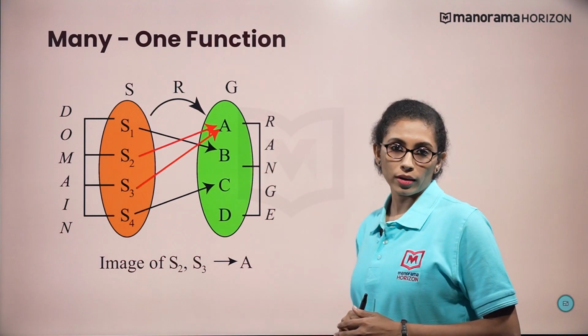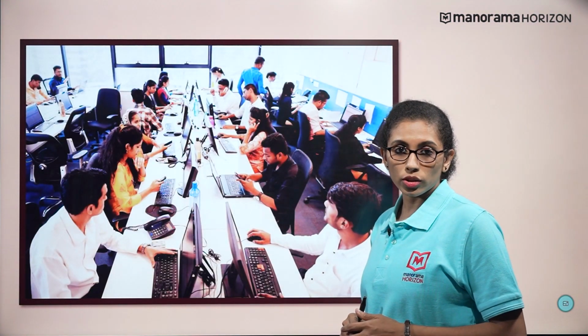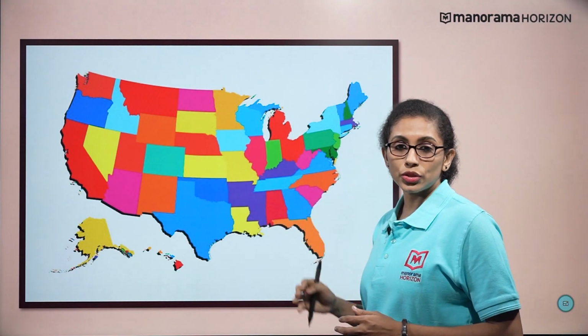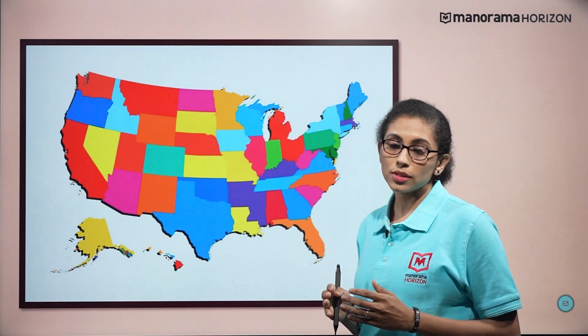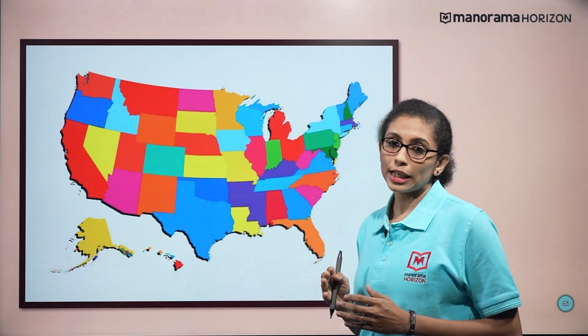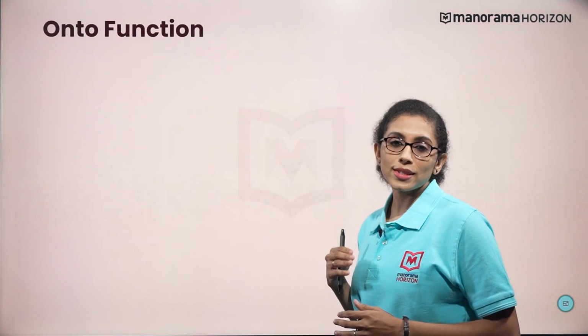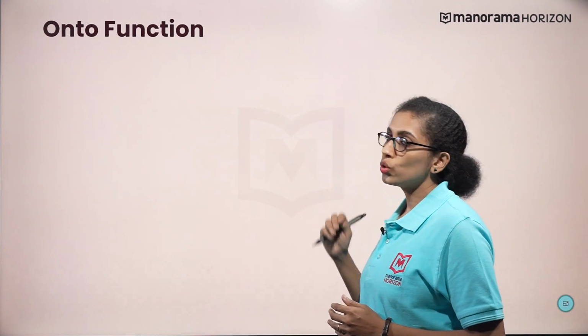in the codomain. Relation between employee and organization, relation between player and team, relation between states and country are also examples categorized under many-to-one mapping. Let's now discuss the next concept, that is onto function.